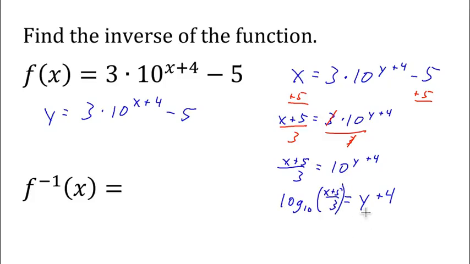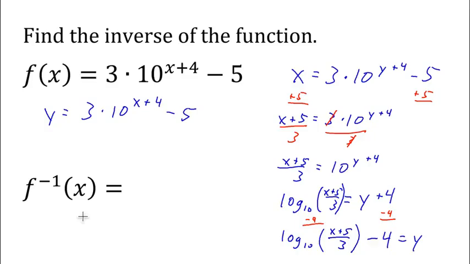Now we still don't have y by itself. Let's go ahead and subtract 4 from both sides. And when we do that on the left side, the minus 4 is just going to tag along because we can't combine it with any of this. And we have our inverse function.